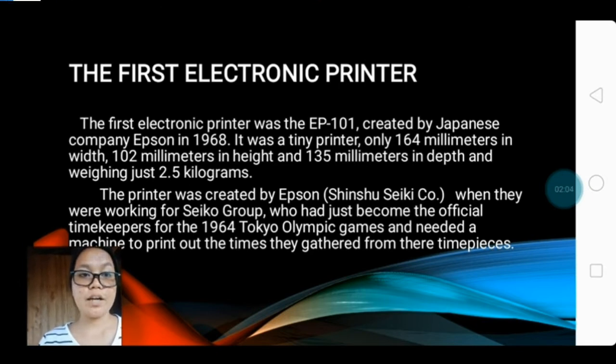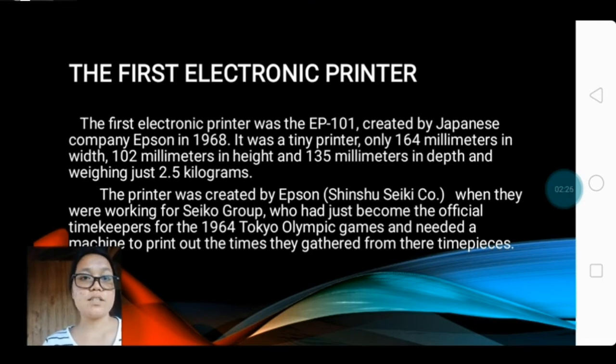The printer was created by Epson Shinshu Seiki Co. when they were working for Seiko Group, who had just become the official timekeepers for the 1964 Tokyo Olympic Games and needed a machine to print out the times they gathered from their timepieces.